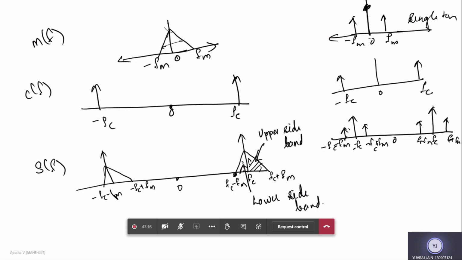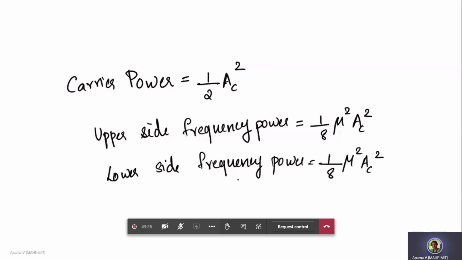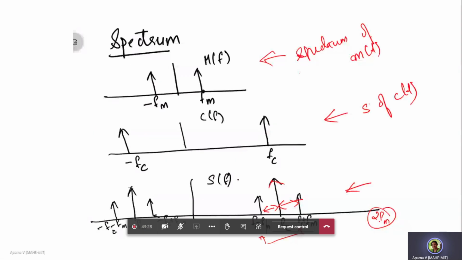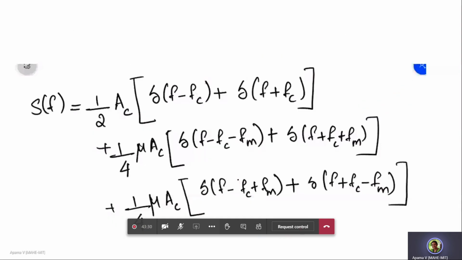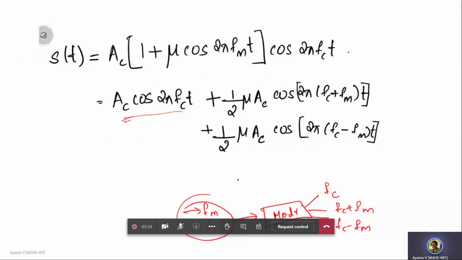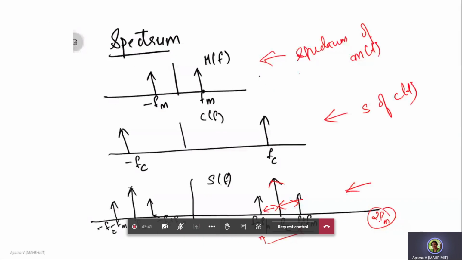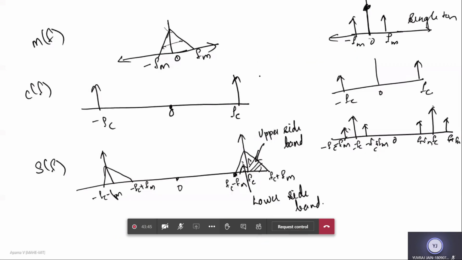We take M of F and C of F and we convolve them and we get S of F. Because when this is a product in the time domain, of course, in the frequency domain it will be convolution of their spectrums. So yes, it's convolution. Okay, that was what I was checking. Thank you.